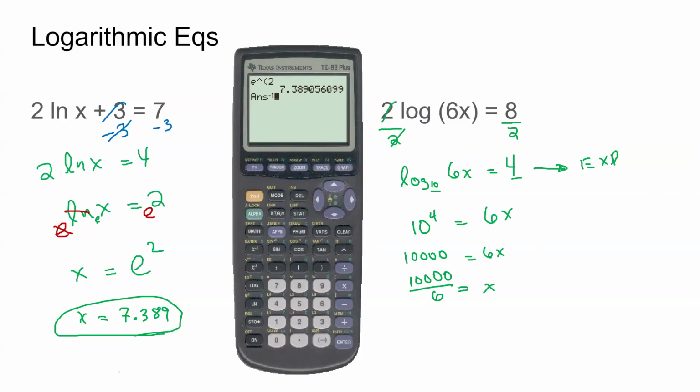My calculator's not happy now. Okay. Well, I'll work that out and see what the answer there would be and go with that. Oh, it's just mad about that last problem, I think. 10,000 divided by 6. Okay. 1666 and some stuff, 2/3.